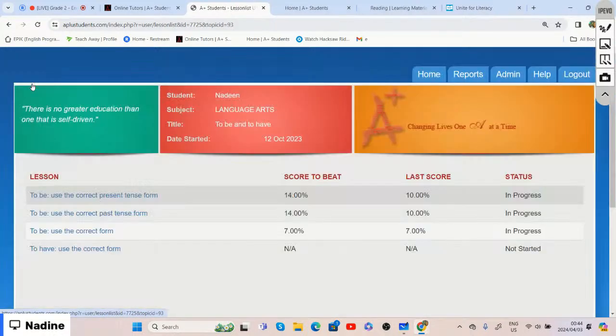Was is correct. All right, so this was our chapter on to be and to have. With to be, we can use the present tense form, where the verb is irregular, so you just have to remember the form.